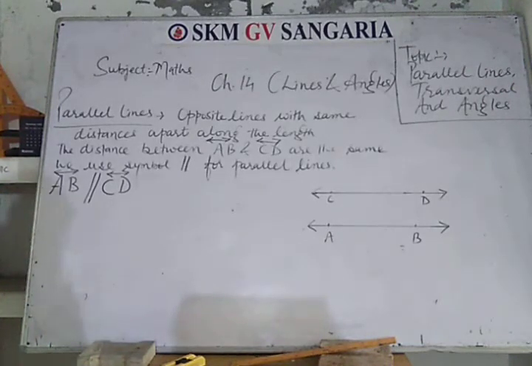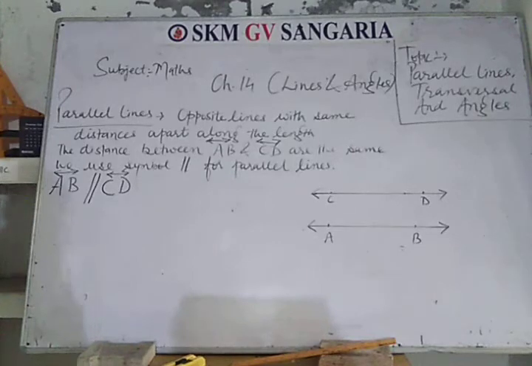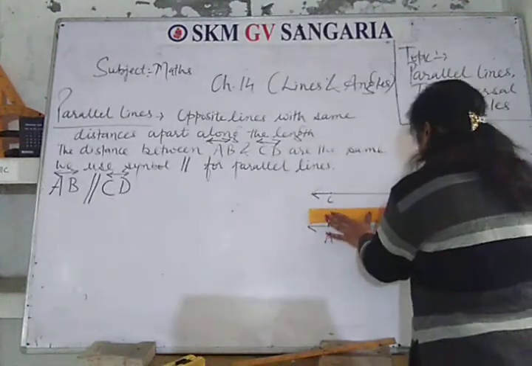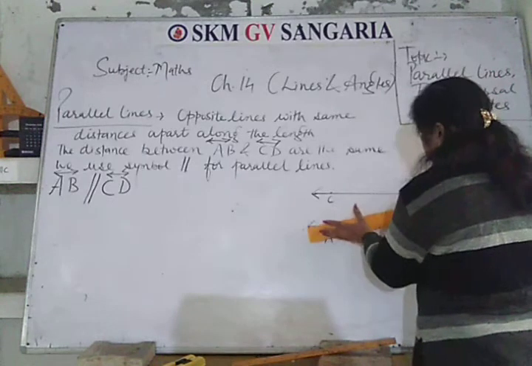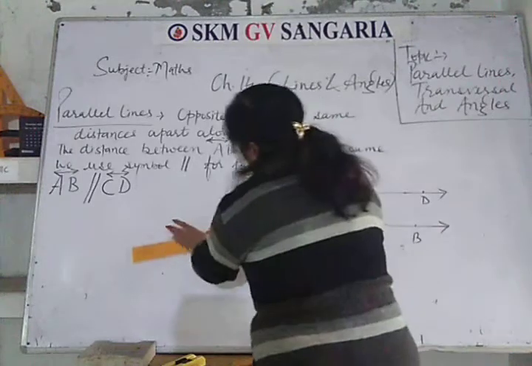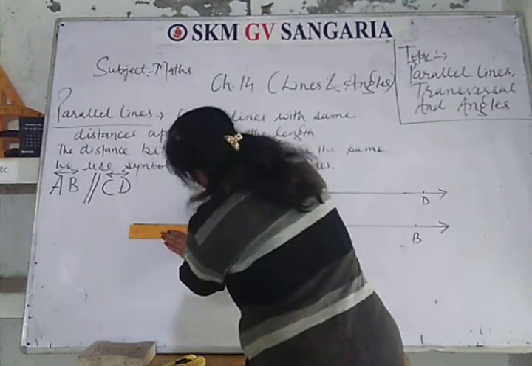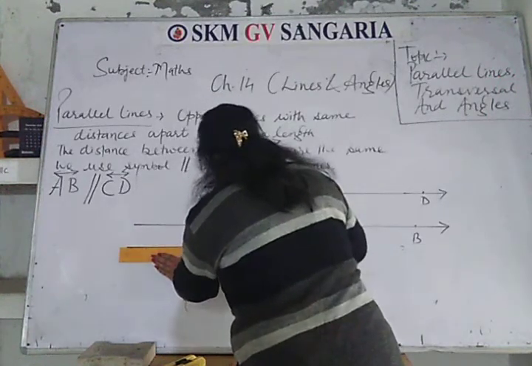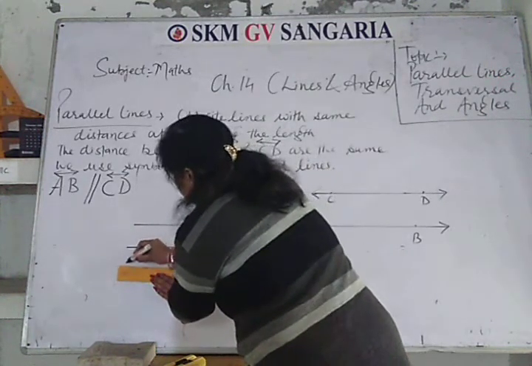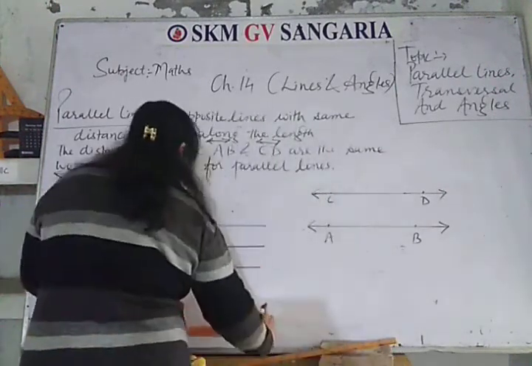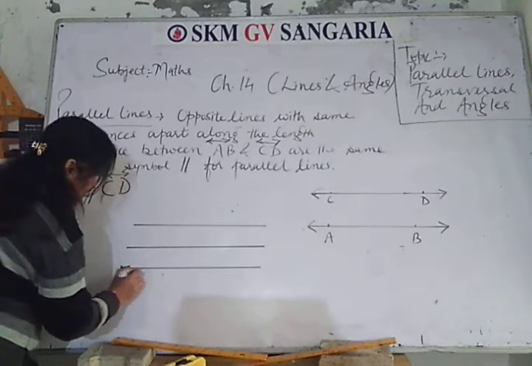If we take three lines, and one more line here in between, we can draw another figure. We are taking three lines.